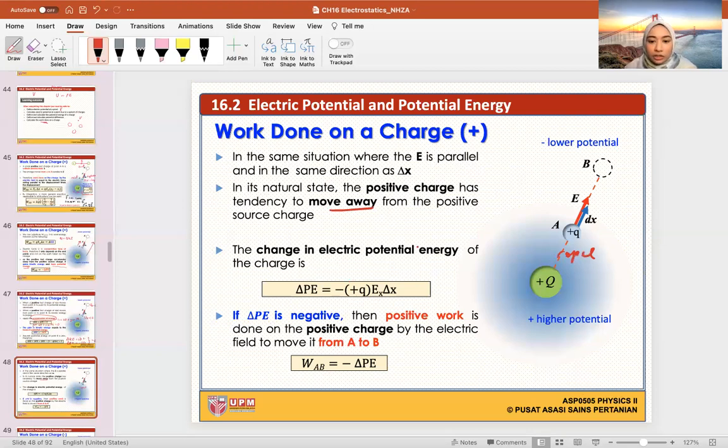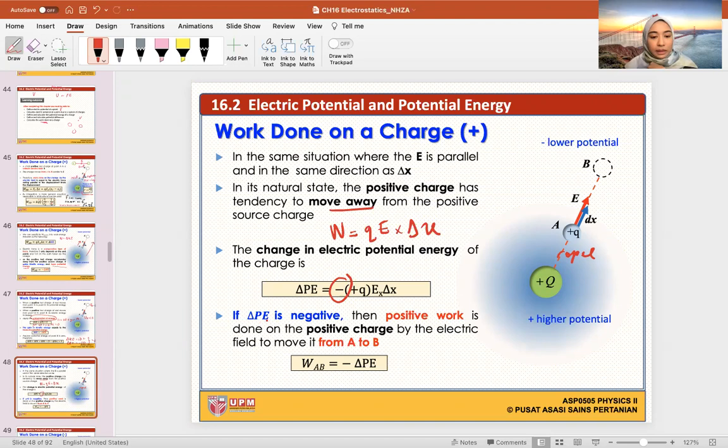The change in electric potential energy of the charge is, okay, remember earlier we learned W equals QE delta X. There was no negative sign there. Potential energy has a negative sign. That's the difference between work done versus electric potential energy.